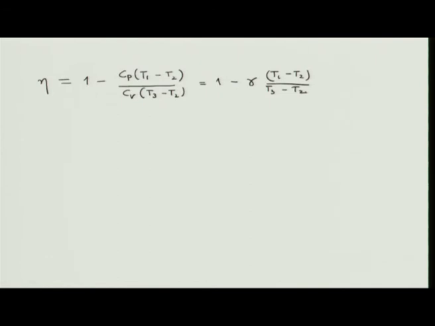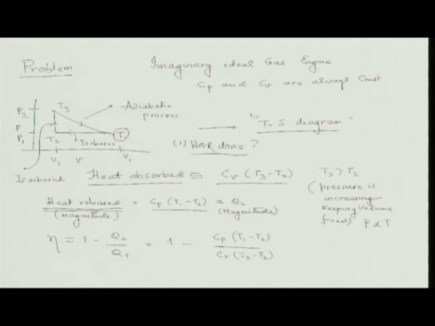As I told you, I have to express in terms of P1, P2, V1, V2. You can easily see from here, ideal gas, so I will always have PV equal to RT satisfied.